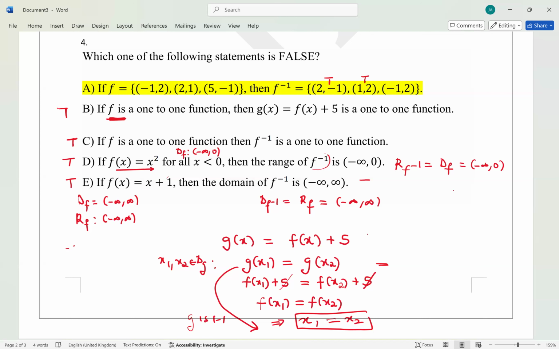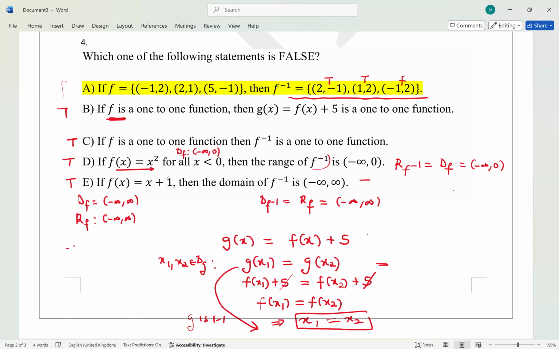But here you have 5 to 1. So what is the inverse? The inverse is supposed to be 1 to 5. Hmm, so this is not true. So this is false. Now, it means that the whole thing will be false because you have one of these which is not a true representative of the elements of this function.